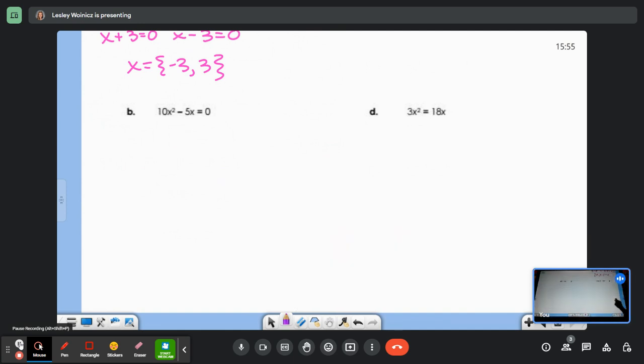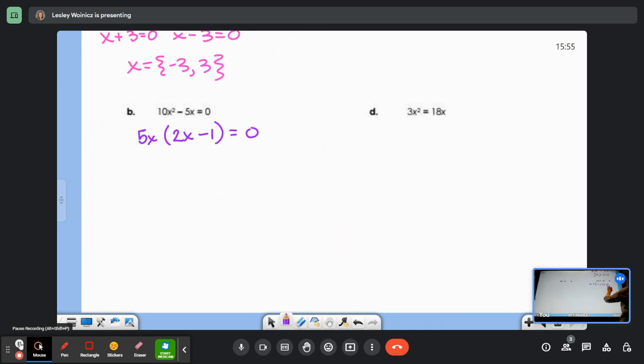Okay, so for B, notice that we have a GCF. We can factor out a 5x. So here's my 5x. Here's my x. 10x squared divided by 5x is 2x. And 5x divided by 5x, that's minus 1.